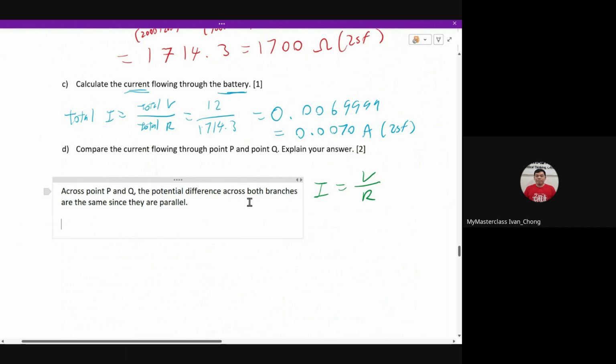When I try to explain, I'll try my best to always say current, voltage, and resistance.